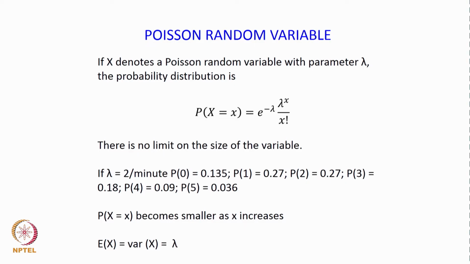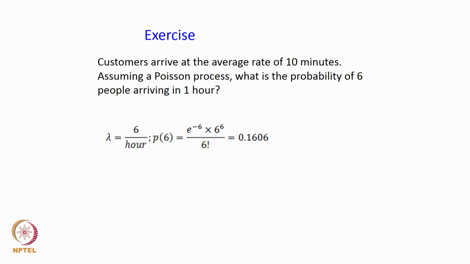Though we are not going to prove this, the expected value of the random variable is lambda, and the variance is also equal to lambda. Customers arrive at an average rate of 1 per 10 minutes. Assume a Poisson process. What is the probability of 6 people arriving in the next 1 hour? So, lambda is 6 per hour.